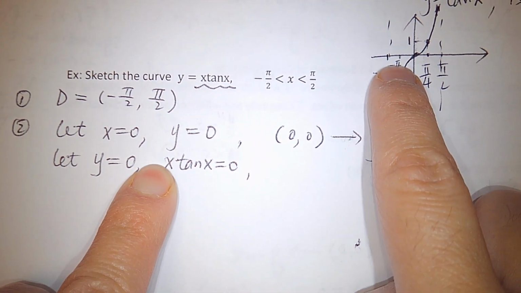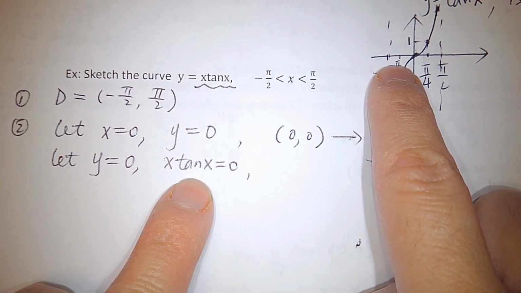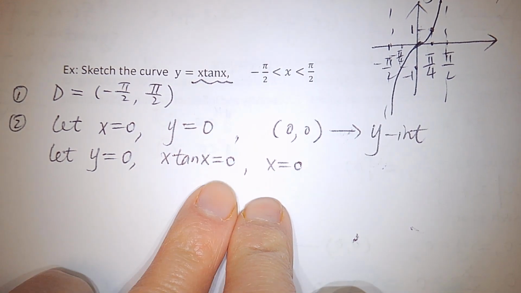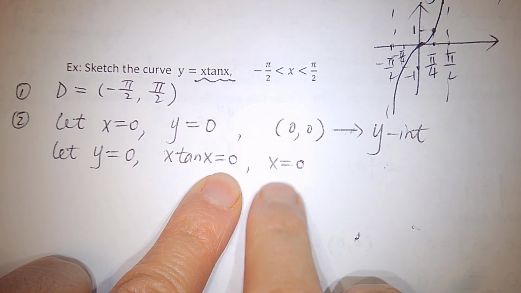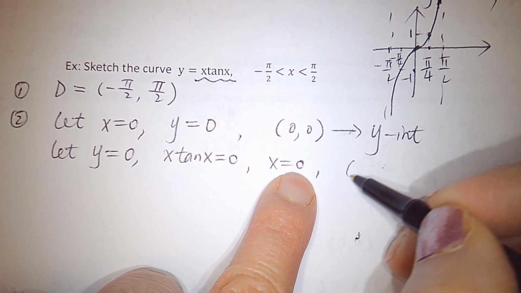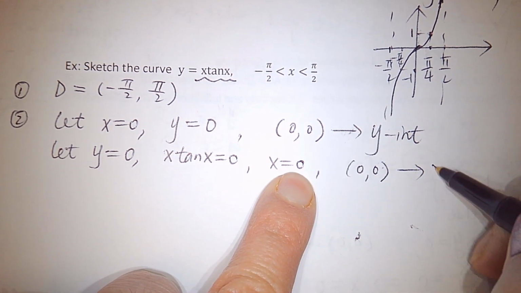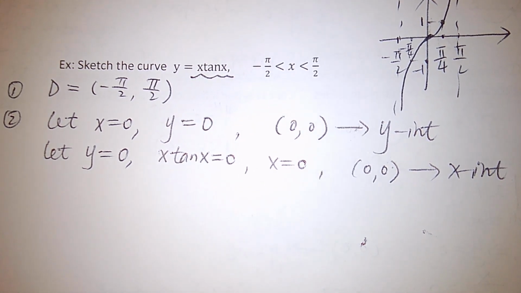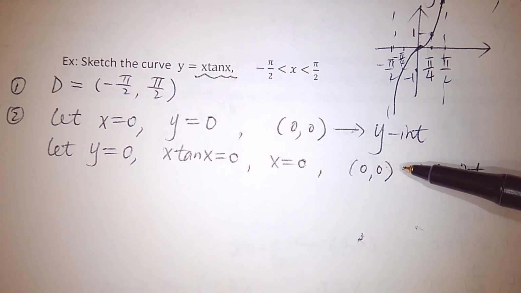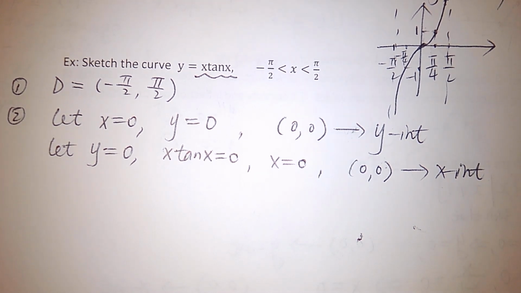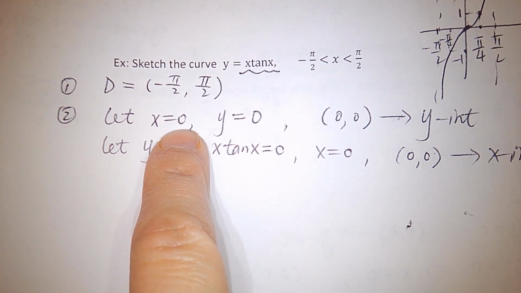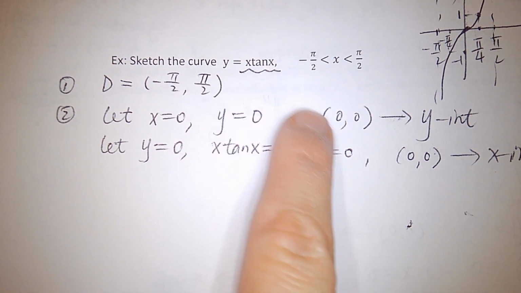If x is less than 0, tangent x will be less than 0, so negative times negative gives us positive. So only when x equals 0 does the equation hold. So (0, 0) is the x-intercept. The origin is both the x- and y-intercept. How do you know the y-intercept? That x equals 0.